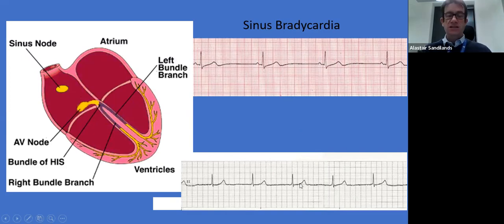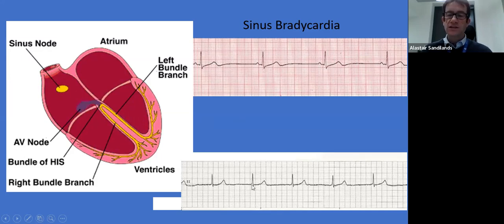Going down to this example, I'm showing you some examples now. We have a very flat baseline, but we haven't got any definite P wave here. Again, we have a bradycardia. We've got 1, 2, 3, 4, 5, 6, 7, about 8, so it's roughly 40 beats a minute, 300 divided by 8. We have a narrow QRS to suggest that our AV node is okay, but there are no P waves.